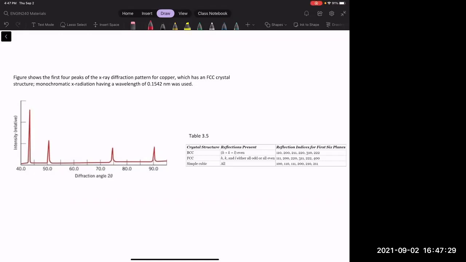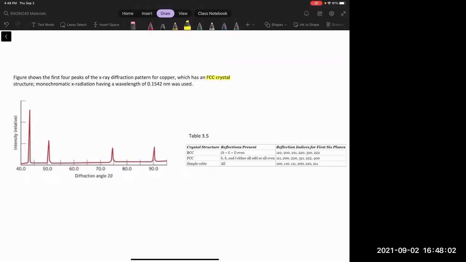If you have a peak, meaning there's going to be a constructive interference. If there's none, then there's no constructive interference. And we find out if they arrange in a certain way and you have the strong peak, like the one that you see on the left, it gives you an idea how the structure is going to be. Now, in this case, we actually tell you what kind of structure that is.